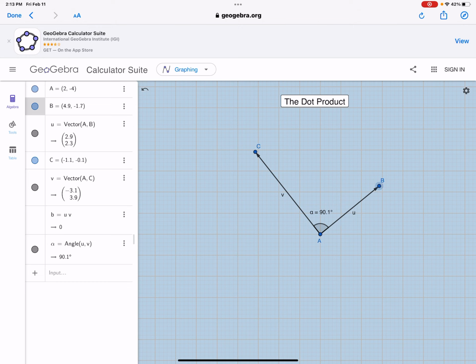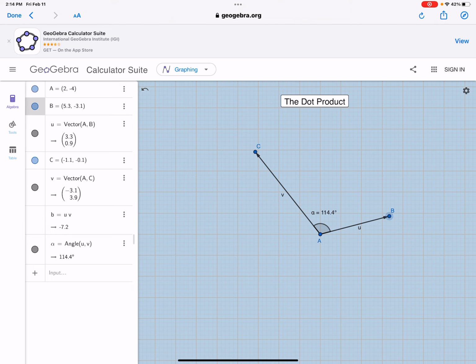Okay, so this needs a good eye. So I'm going to make it about 90, and you can tell here that the dot product indicates that it will equal 0.